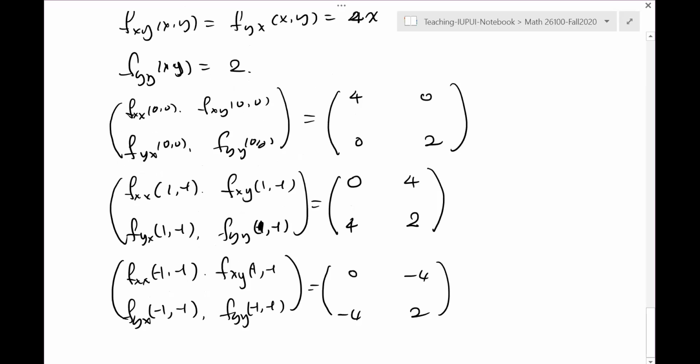I think the first one is positive definite. Okay, so if you look at the D, of course you don't need to understand that, in the book it says that if the first component, the fxx, is positive, then the determinant of D should be positive. So the determinant of D is going to be 8.